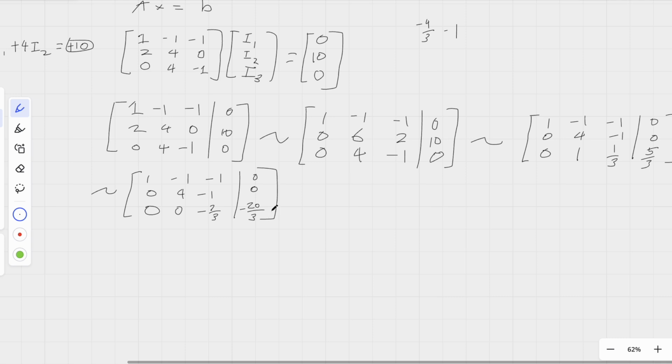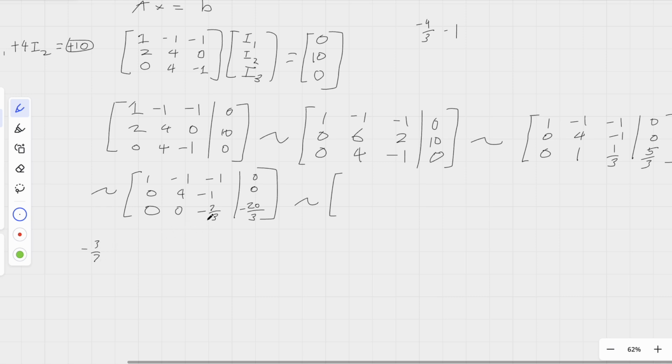So we almost got that one down. So what we can do here is, what is it? We can divide this last one by, multiply it by -3/7.